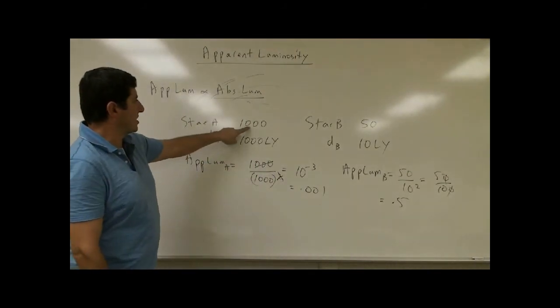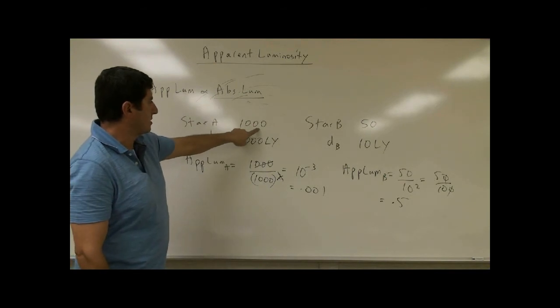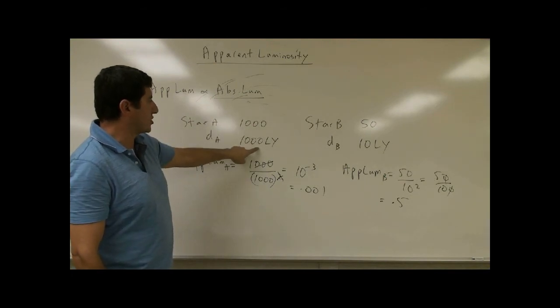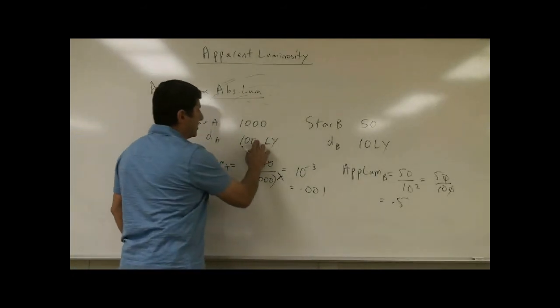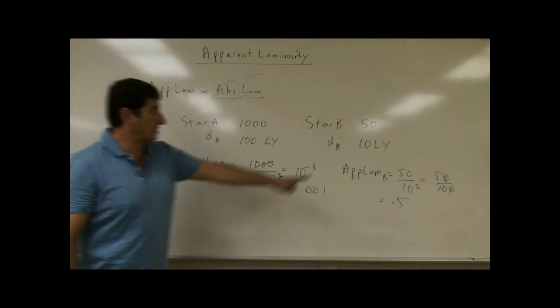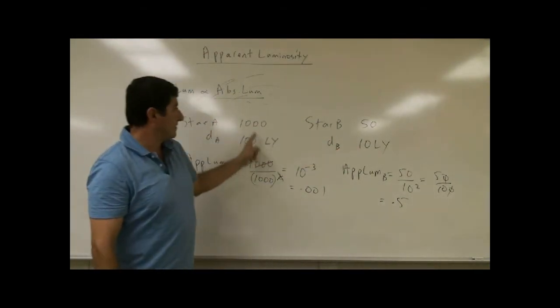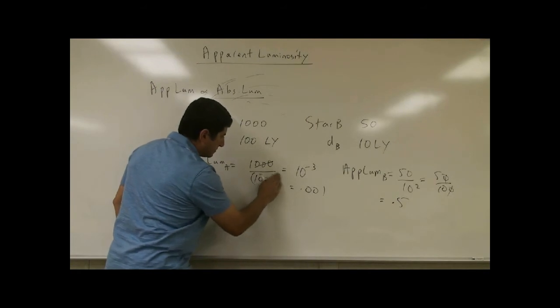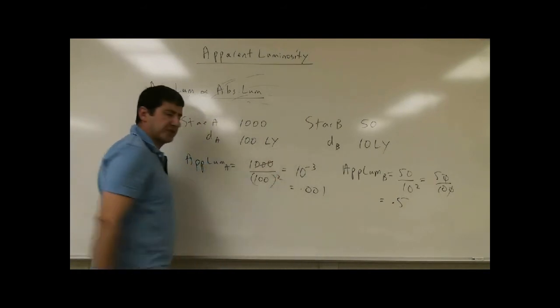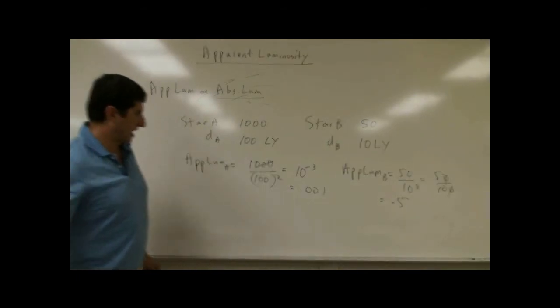So even though this was 1,000 times brighter, because it was 1,000 light years away, it will appear much dimmer. Now, how about if it was 100 light years away, and that was 10 light years away? Now which one wins? Well, I put here 10, I will put here 100 and I will square it. Now what's going to happen?